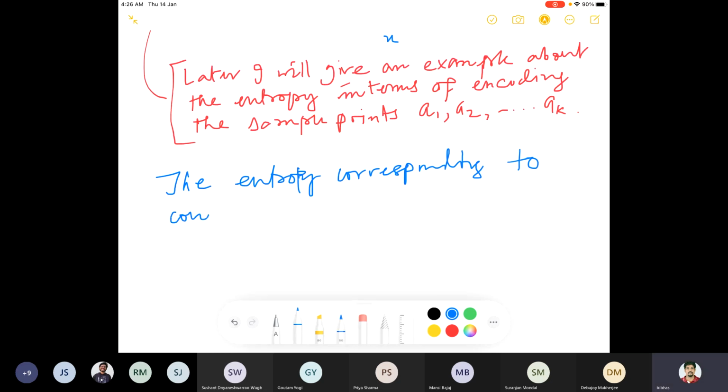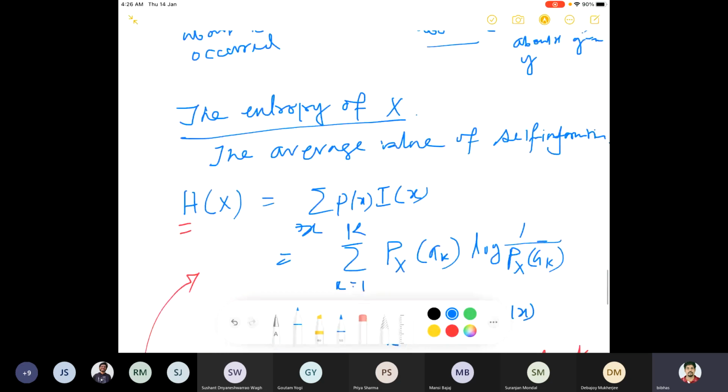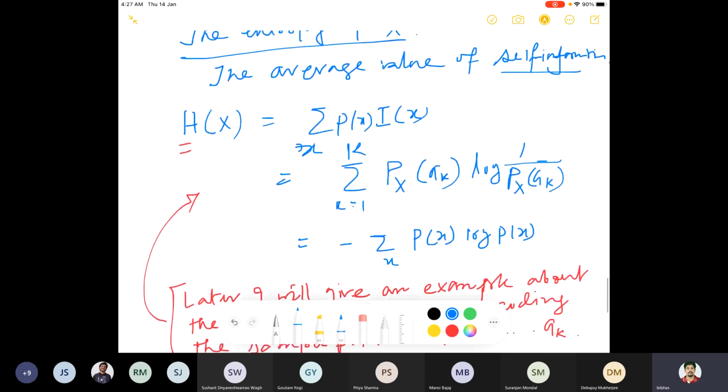We define entropy corresponding to the average value of self information. Now we'll define the average value of the conditional self information. Then what do I get? Conditional self information.